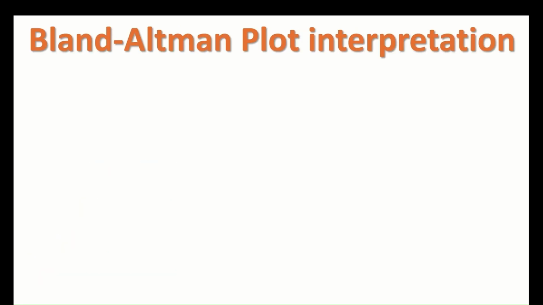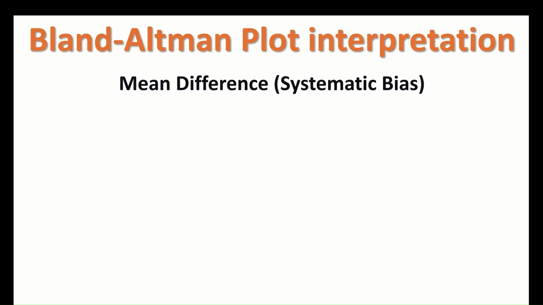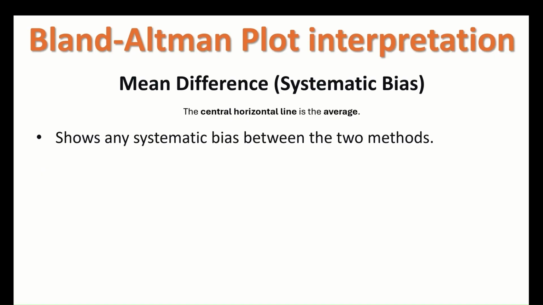For the Bland-Altman plot interpretation, we need to check the systematic bias, which is the mean differences, and the systematic bias is a central horizontal line, which is the average. This line will show whether there is a systematic bias between the two methods.